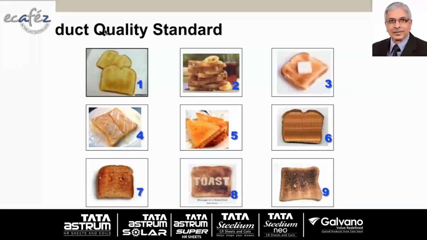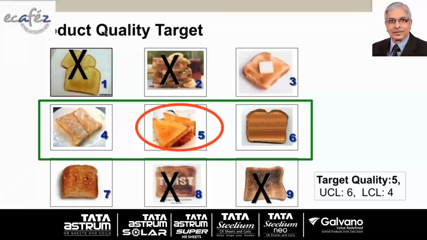1, 2, 3 is under toasting, 4, 5, 6 is the desired, and 7, 8, 9 is the over toasting. So this way you have to fix a quality norm for the toast. So here, what is needed? 1, 2 you have to discard. In no case do we want that; it has to be scrapped. Same way 8 and 9.